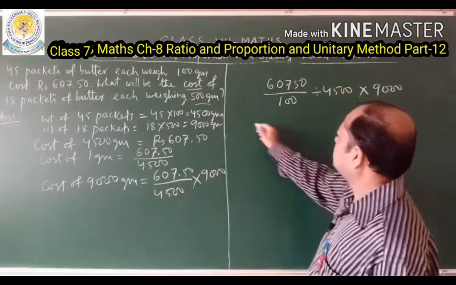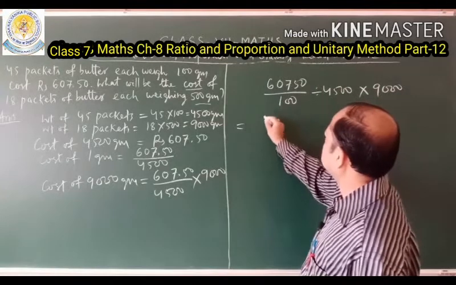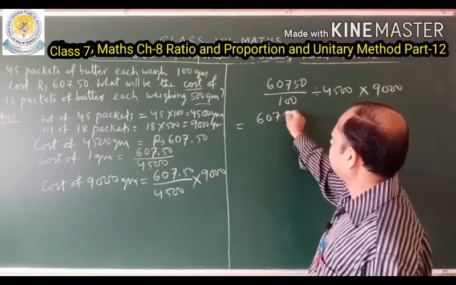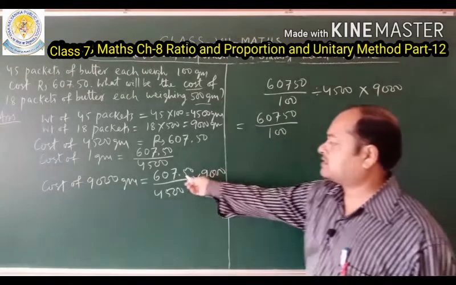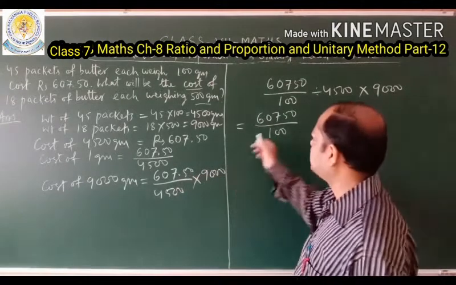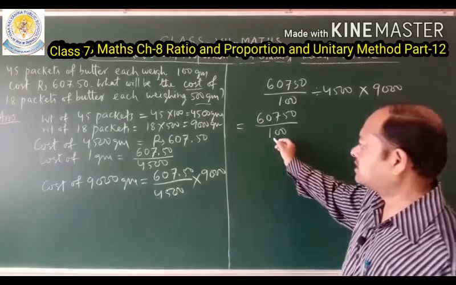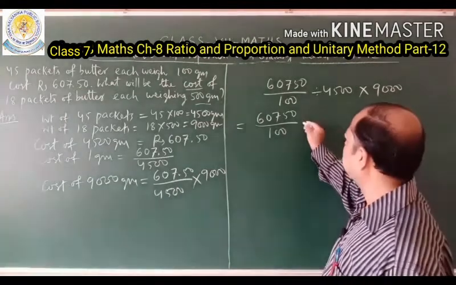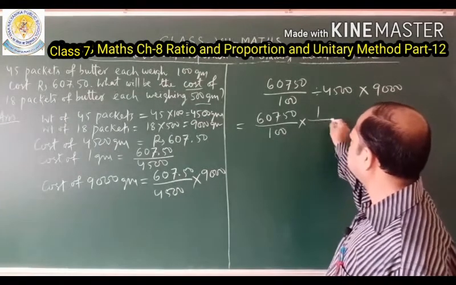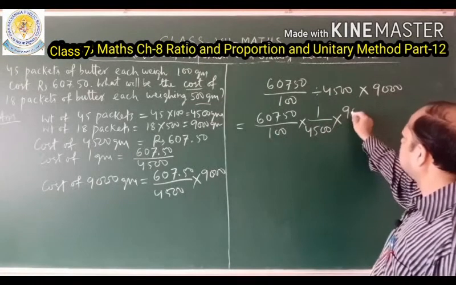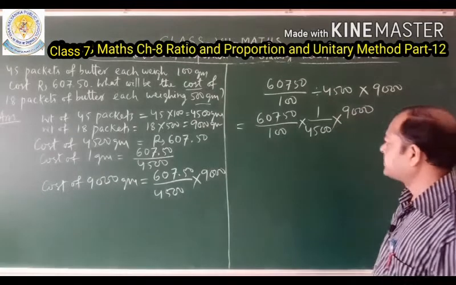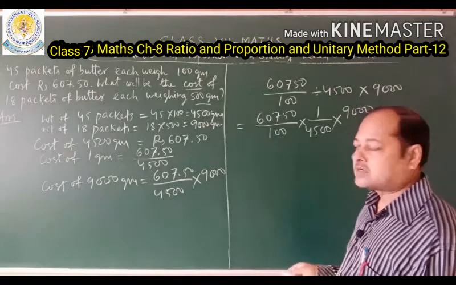So equal to 60750 by 100. Why by 100? Because decimal is present. After decimal 2 places there, so I have put 100 here, and it is reciprocal now, so it is 1 upon 4,500 into 9,000. Okay, so simplify this one.